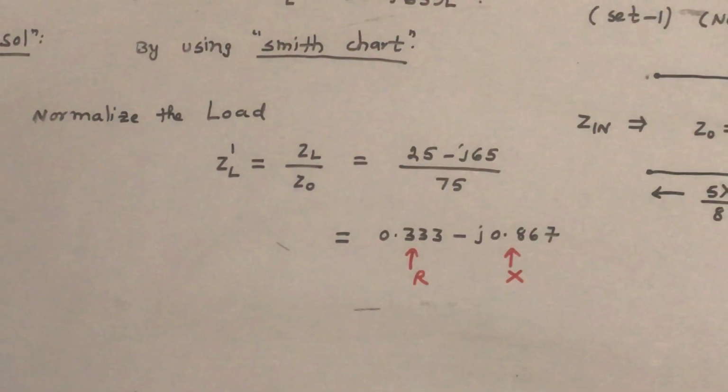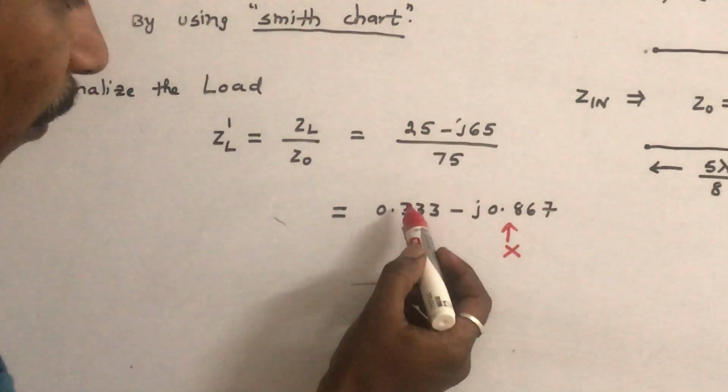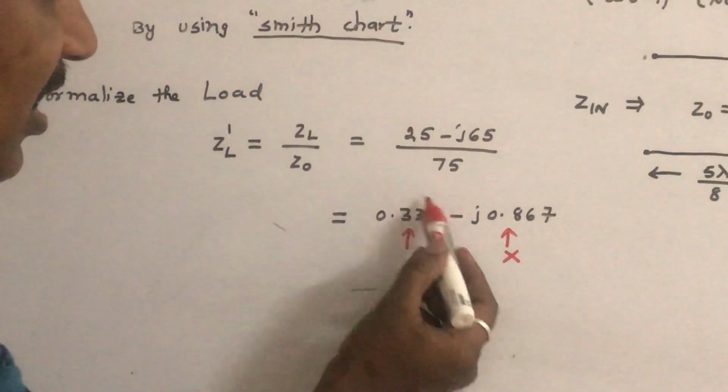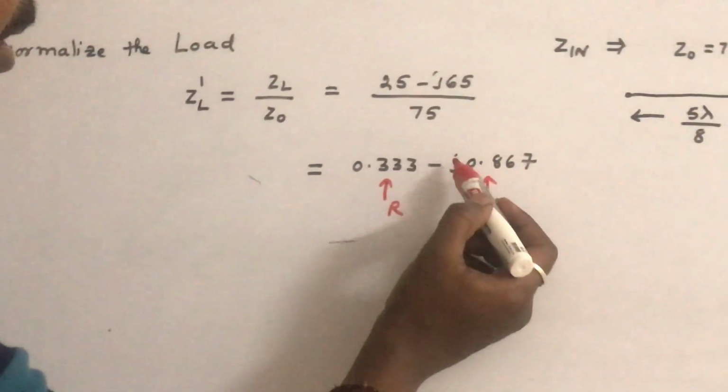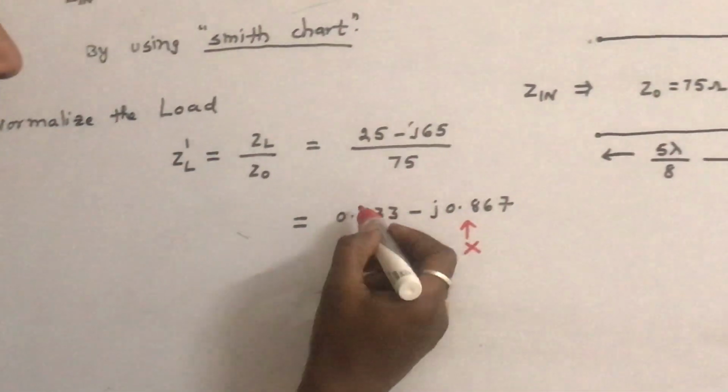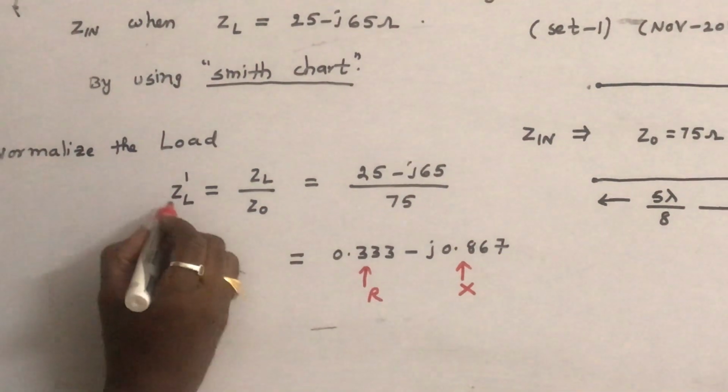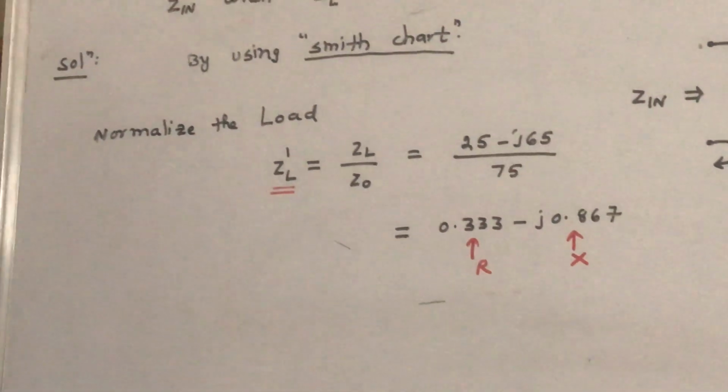First we identify the resistance circle 0.333 and the reactance circle 0.867 and find the intersection of these two curves, which is represented as the load impedance ZL.